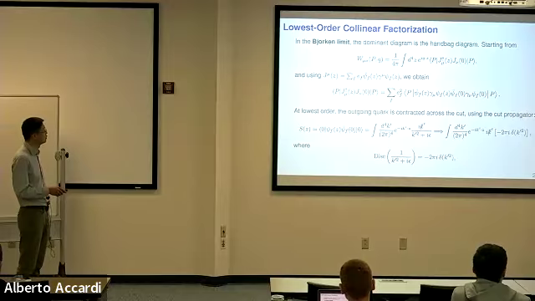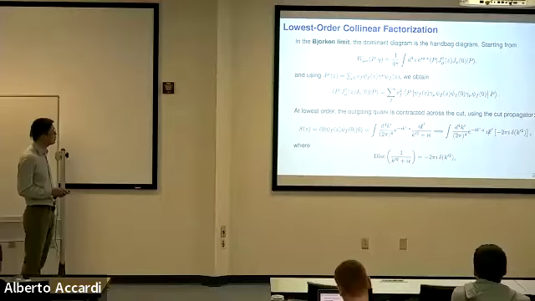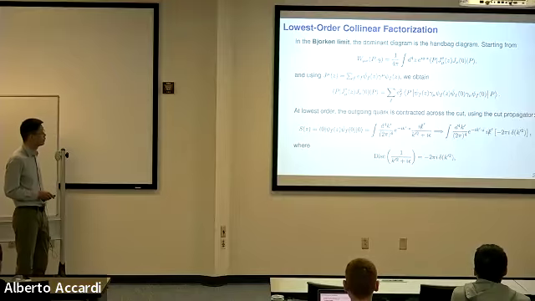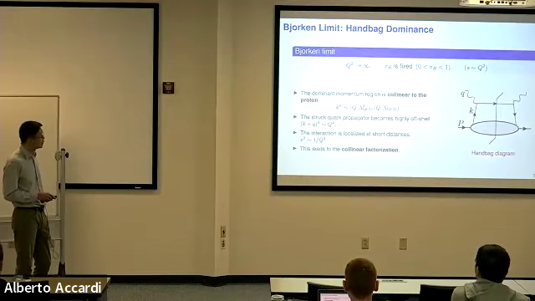We have two currents, we put them there. Next step, at the lowest order, we decide to contract these quark fields to generate a propagator. So it's essentially calculating this diagram. I have one quark propagator here, and I also have another one crossing the cut line here.